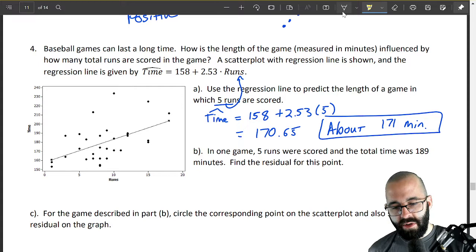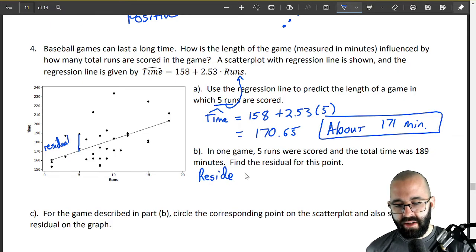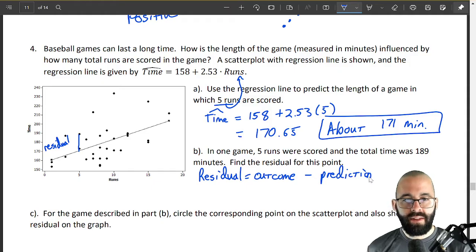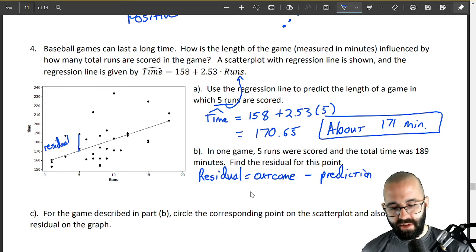Well, that residual, remember the residual is just the distance between the line and the data point. We also had a formula. You could look at the formula. It's earlier in the notes. Not residential. Residual was the outcome minus the prediction, or the point minus the location on the line.